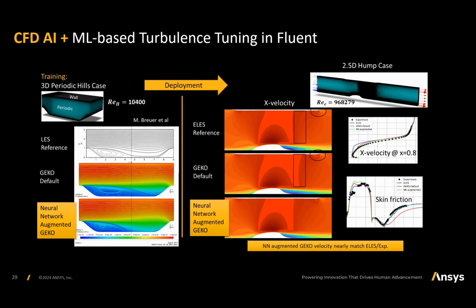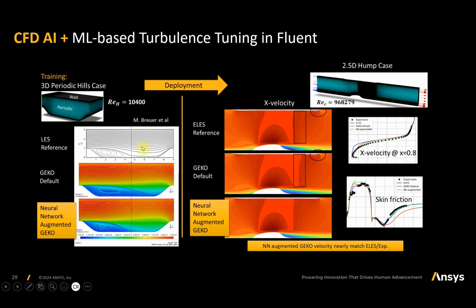As I mentioned, my background is in CFD, and this is an exciting capability inside Fluent. What we're able to do here is improve the quality of our turbulence modeling, improving the quality of the overall results you get for challenging problems, where our turbulence model out of the box doesn't give the right results. You can see this here.